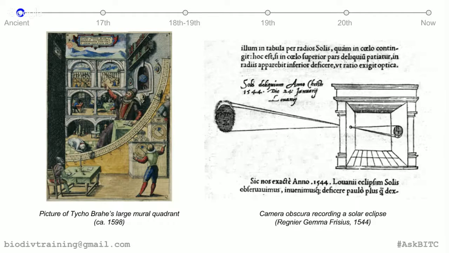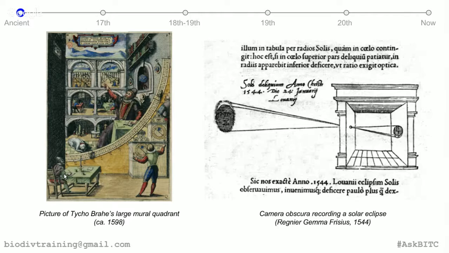This quadrant needed 3 people to be operated. We have the person here who is actually making the observation, the one who interprets the position of the lens, and the note taker who is recording the values. It was very difficult to do it for a single person.